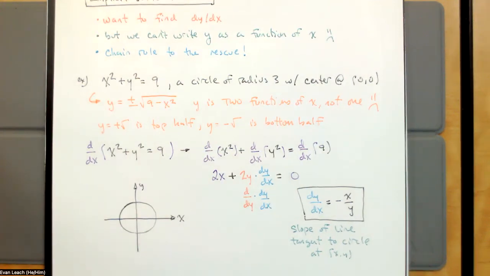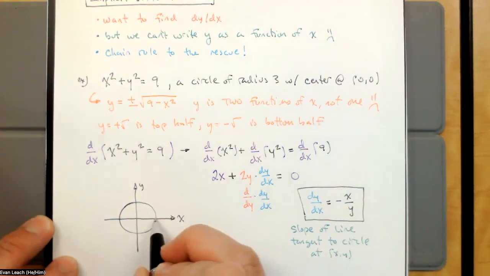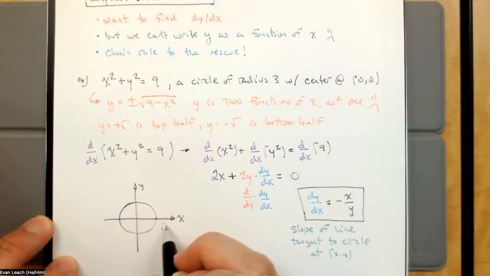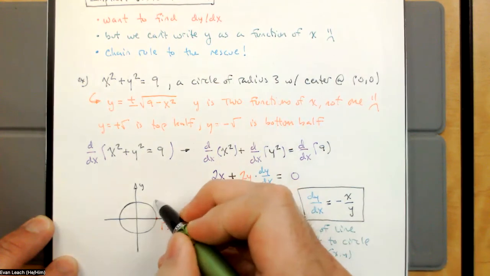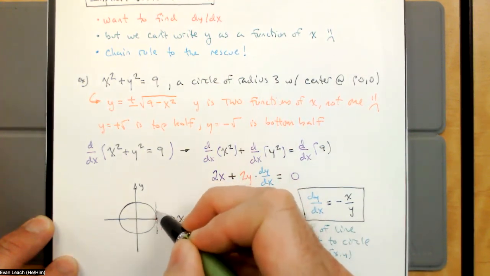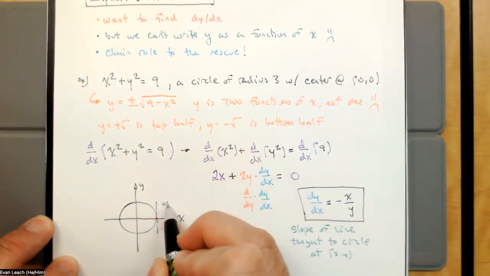So if we go to various points around this circle, say at this point 3, 0, the tangent line is vertical, and so the slope should be undefined.